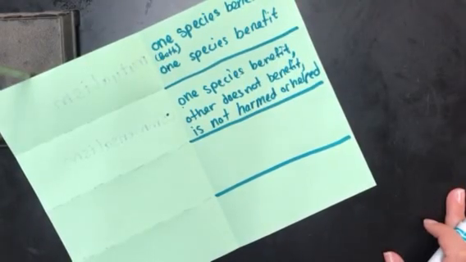So an example of this is like the example they gave in the video, where maybe at one point we had a bug on us, but they didn't bite us or anything. They just were resting on us, or they were hitching a ride on us, and we didn't even realize it. So that would be commensalism.